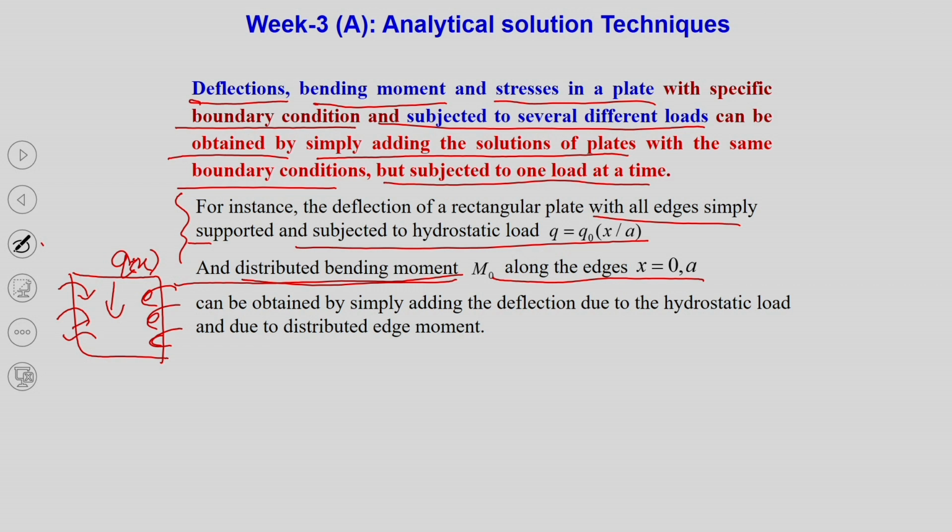So, I can analyze by applying just Qx, then M naught, which I have just recently explained in the slide. It can be obtained by simply adding the deflection due to the hydrostatic load plus that due to the distribution of edge moment. You get the deflection due to Qz, get the deflection due to the edge moment, and add them together at any point you want.